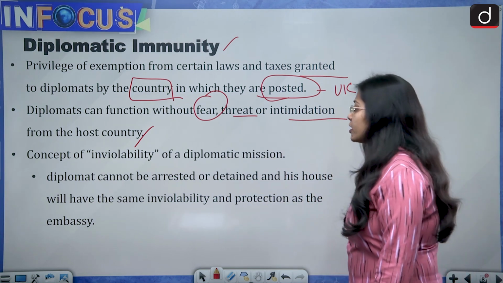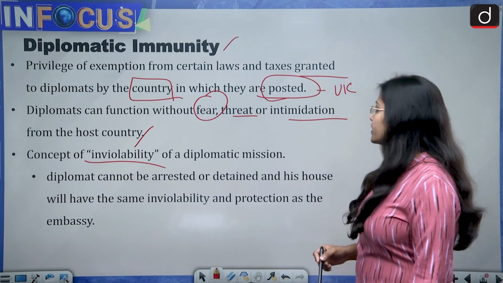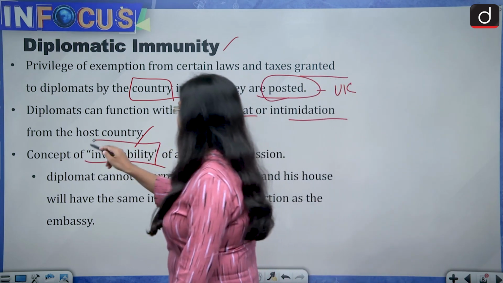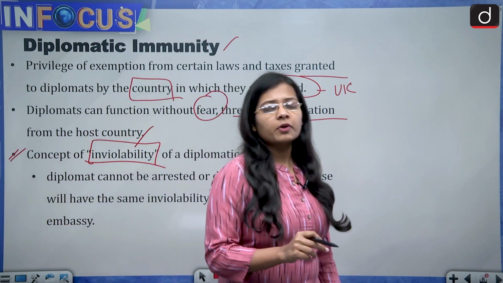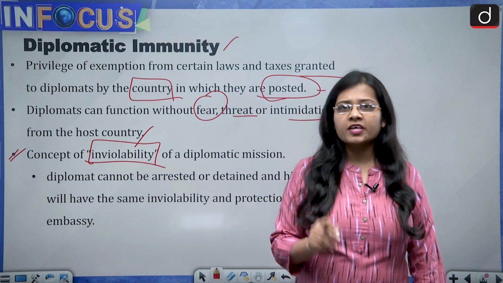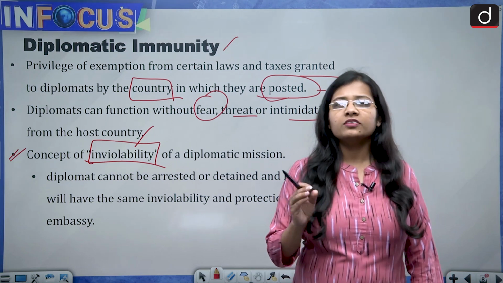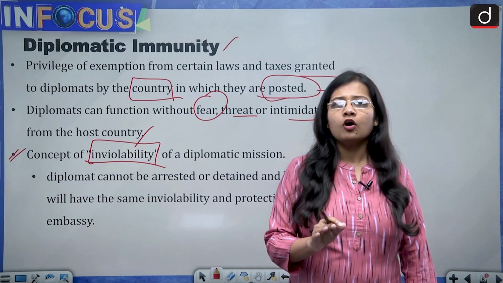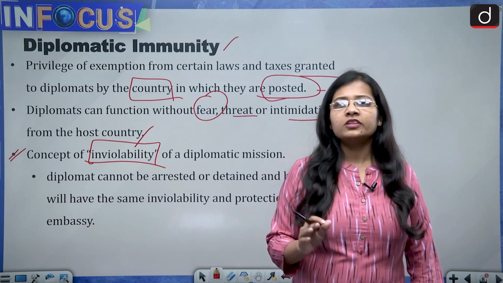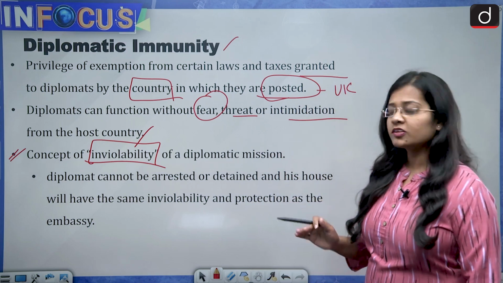Then there is the concept of inviolability of a diplomatic mission. It means that the diplomat who is posted in some other country will be safe from any kind of damage or suspension; the diplomat would be safe.